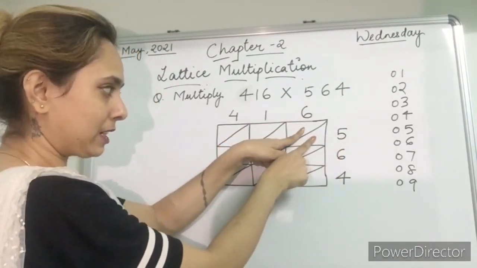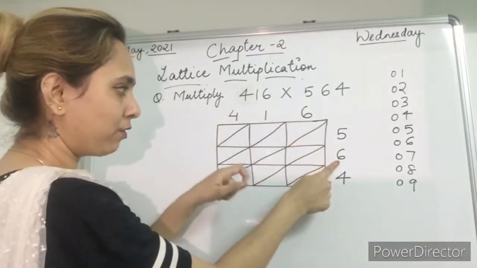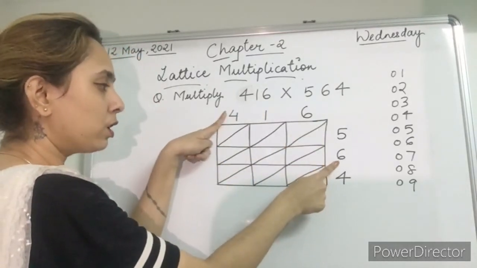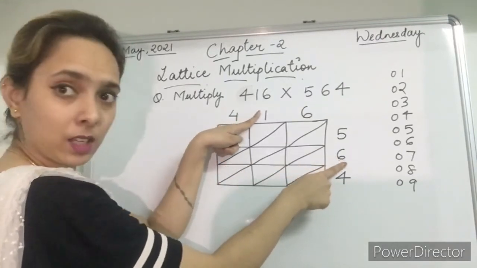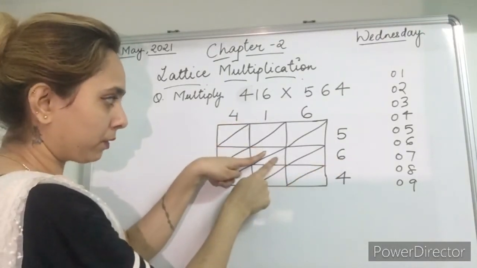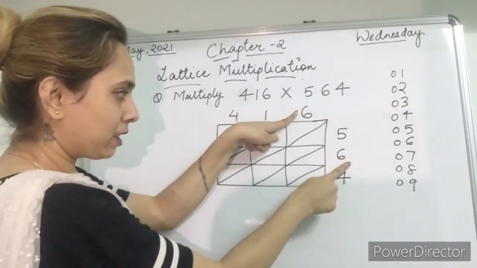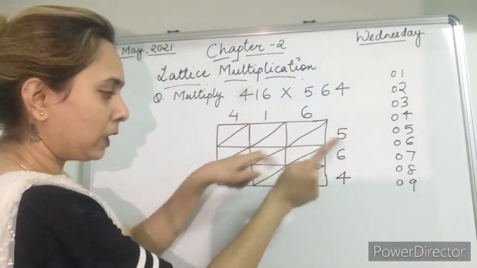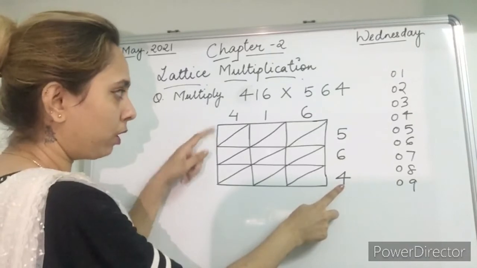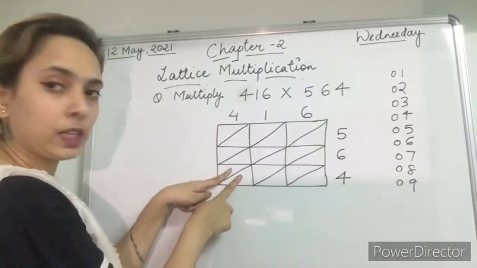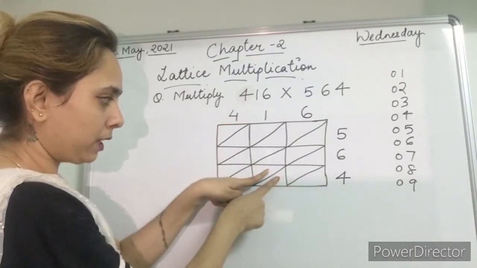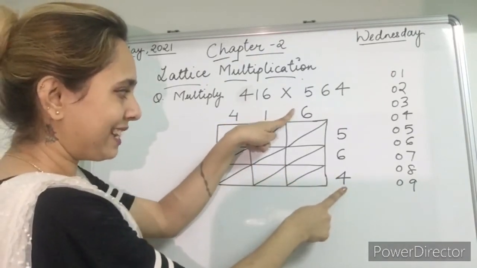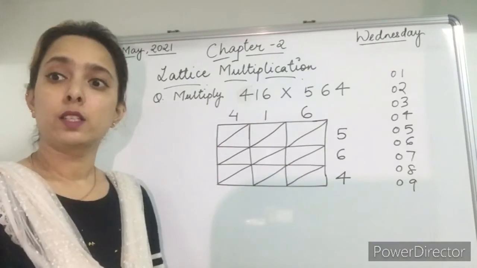Now the next row: 6 multiplied by 4, product here. 6 and 1, product here. 6 and 6, product here. Next, 4 and 4, product here. 4 and 1, product here. 4 and 6, product here. So let's start.